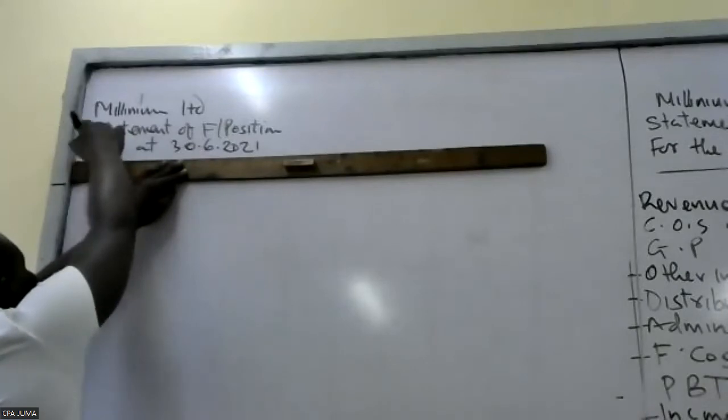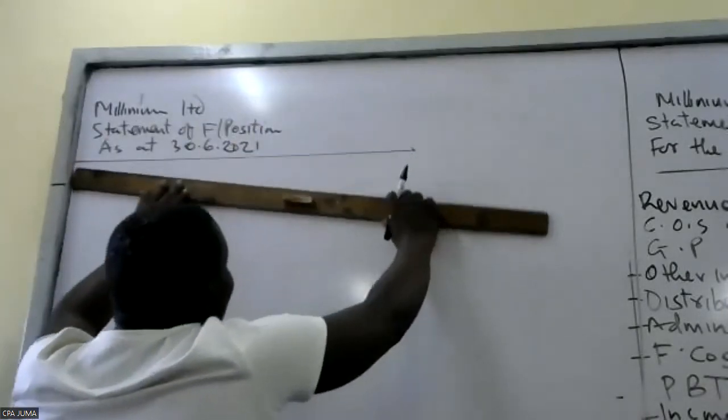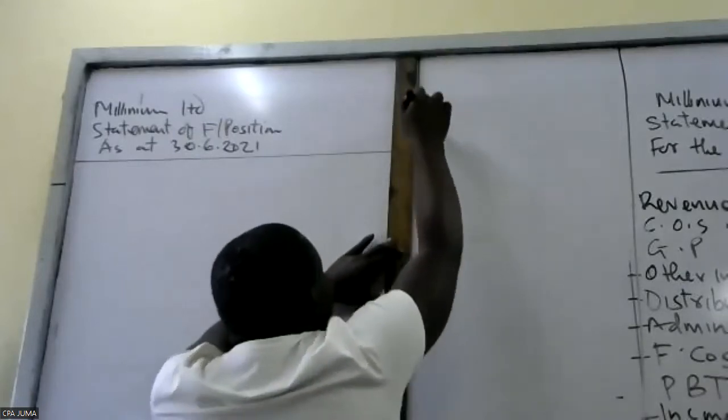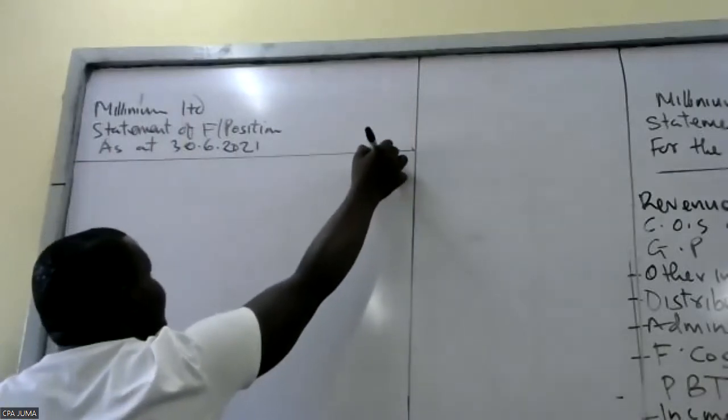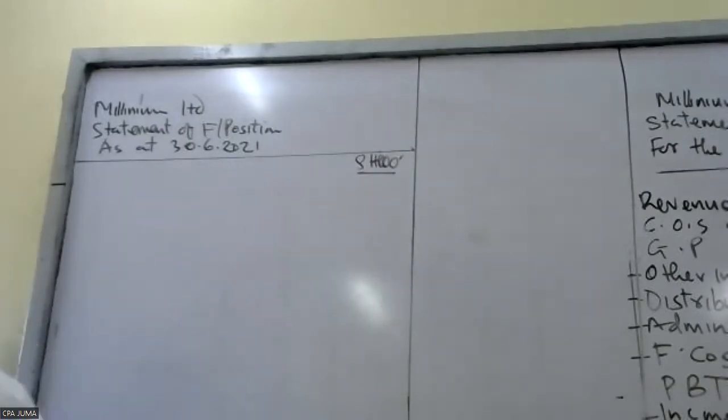Can you report for me? So shillings are in thousands.